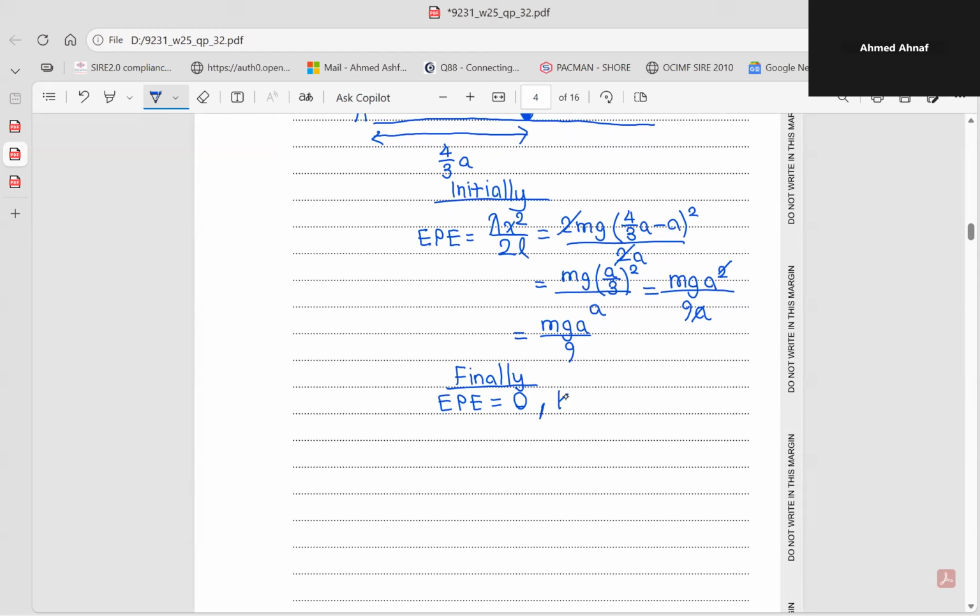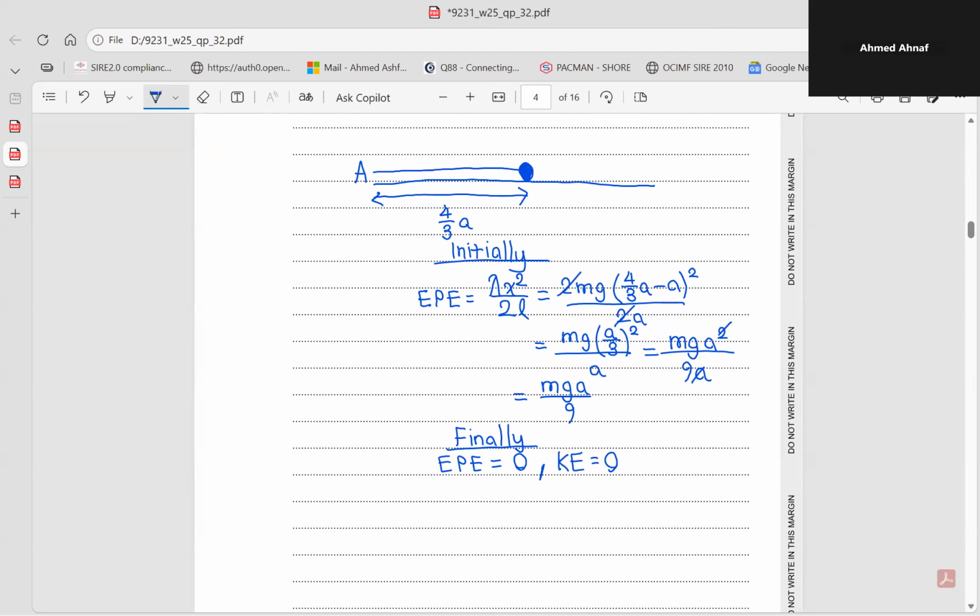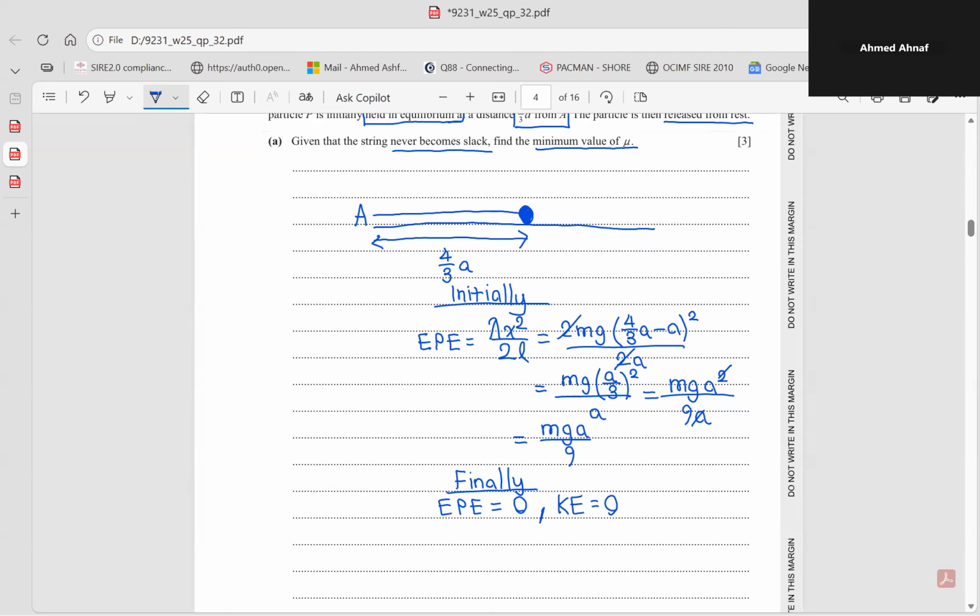If you think about it, if there's KE, it's going to reduce the work done by the friction.